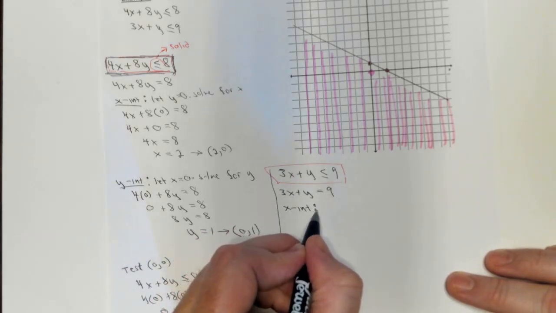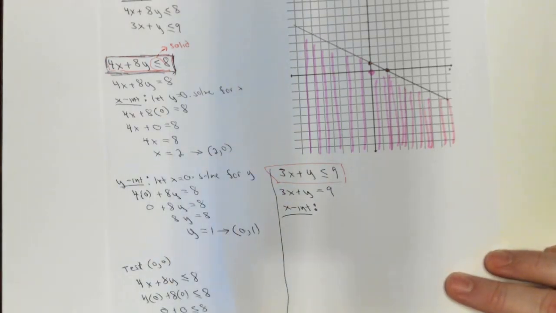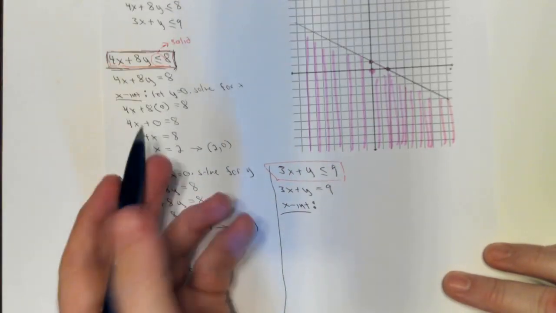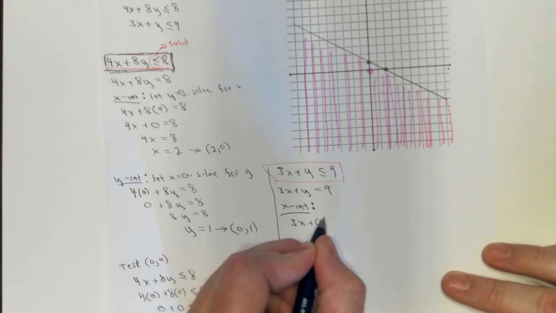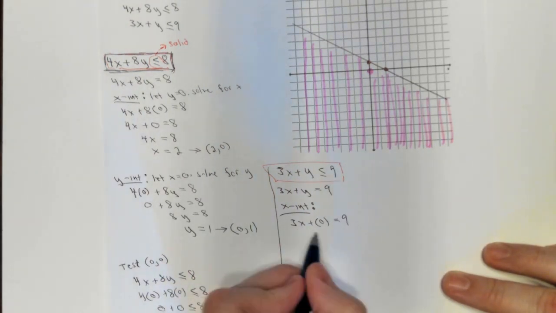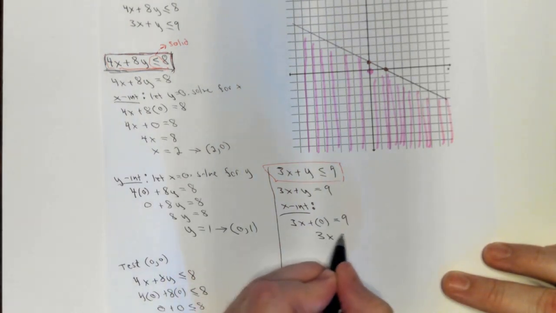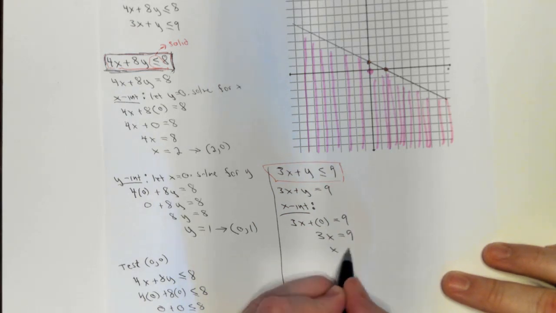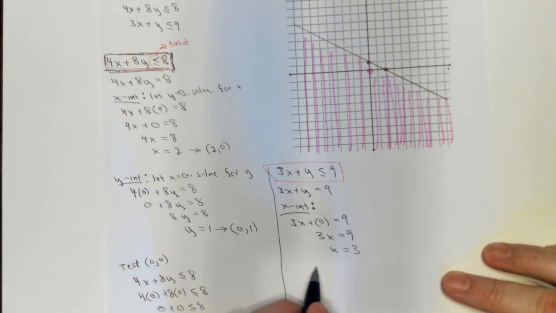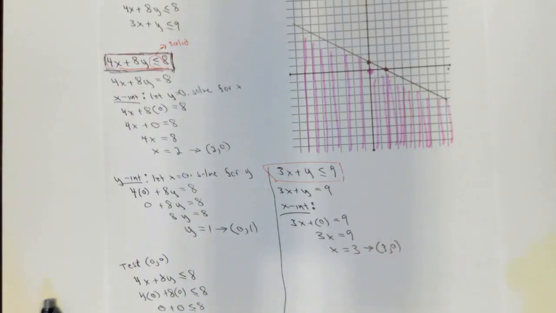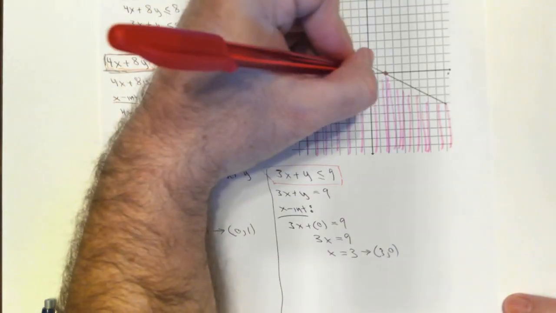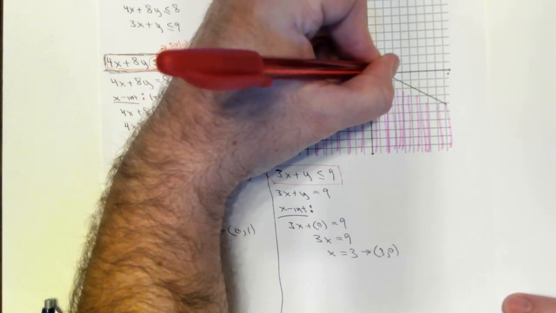I don't think I'm going to write out let y equal 0 solve for x because I just wrote it up here. So 3x plus 0 equals 9. 3x equals 9. X is 3. That is the ordered pair 3, 0. Okay. 1, 2, 3. Here's 3, 0.